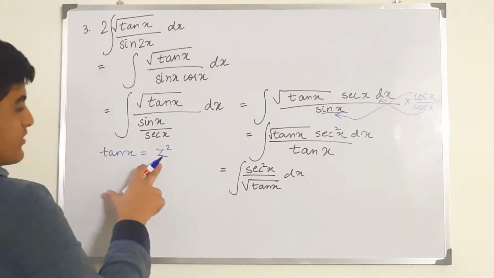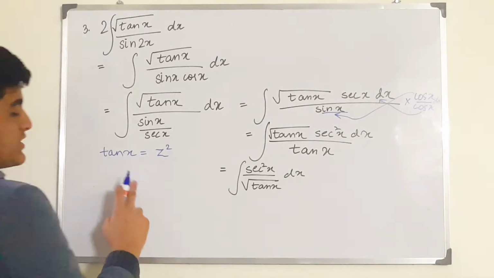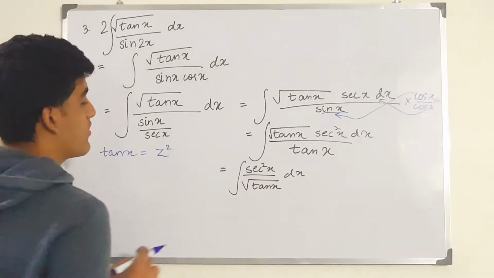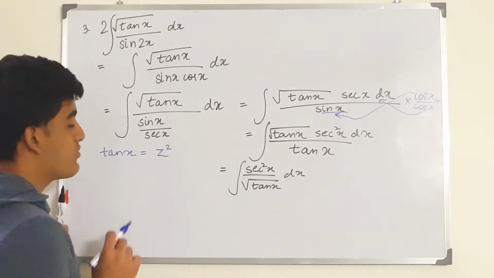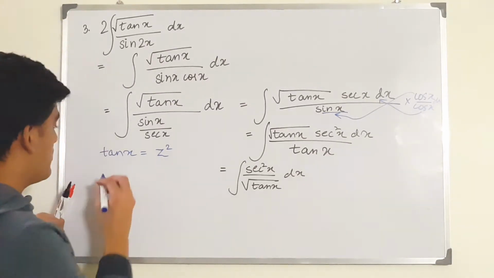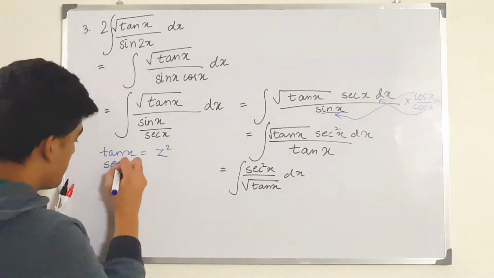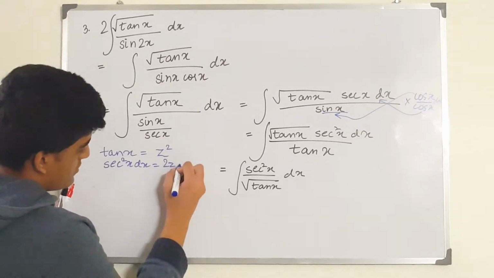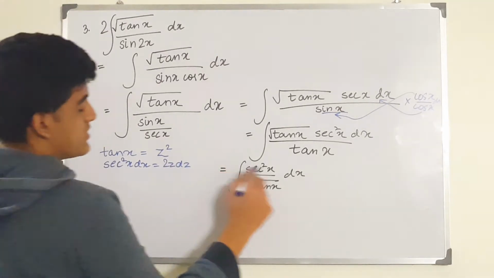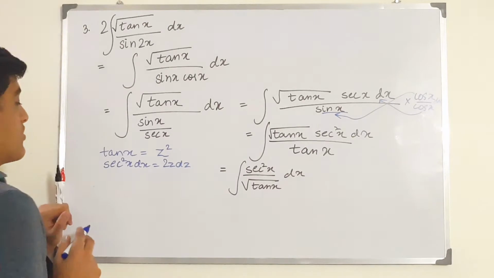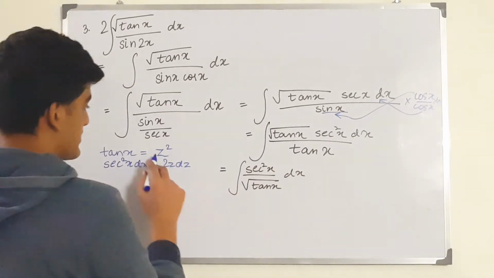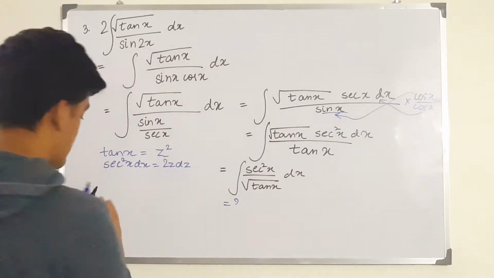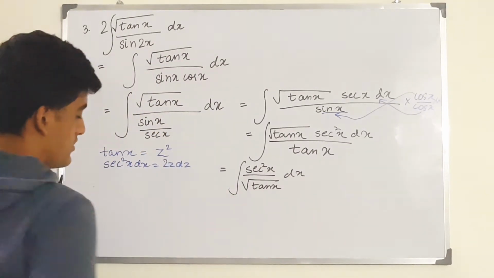For convenience, we are taking tan x to be z squared, so that we get rid of the root sign while integrating. So when we differentiate both these sides, we get sec square x dx equal to 2z dz. This sec square x dx is replaced with 2z dz.